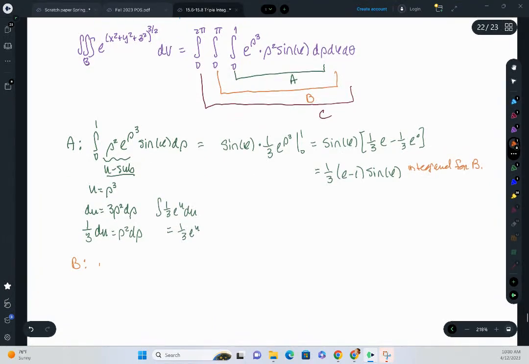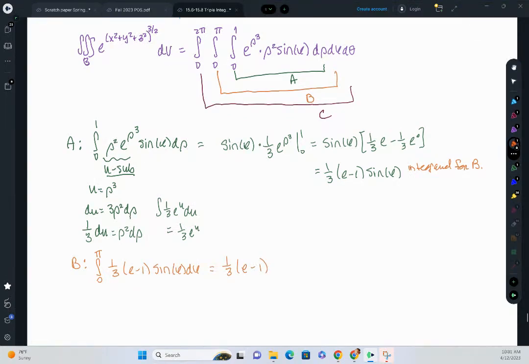All right, for b, what we have is the integral from 0 to pi of this constant, 1/3 (e minus 1) sine of phi d phi. This gives me 1/3 times e minus 1. The antiderivative of sine is negative cosine, so I'll put a negative in here. Cosine of phi from 0 to pi.